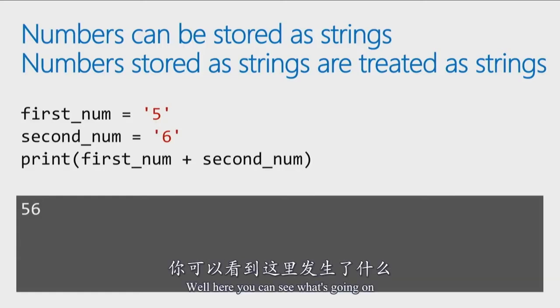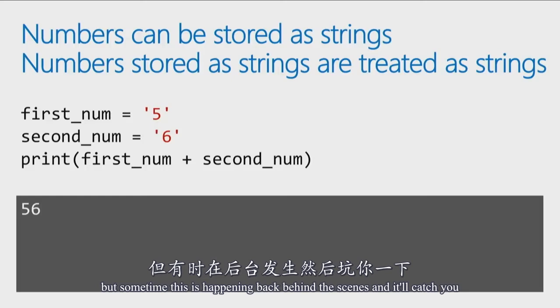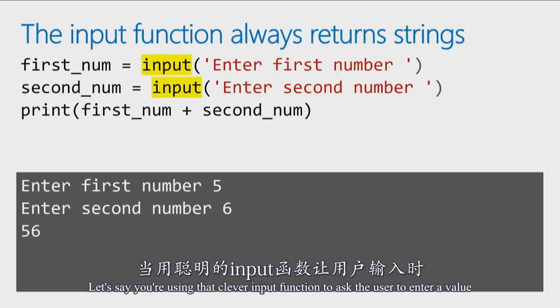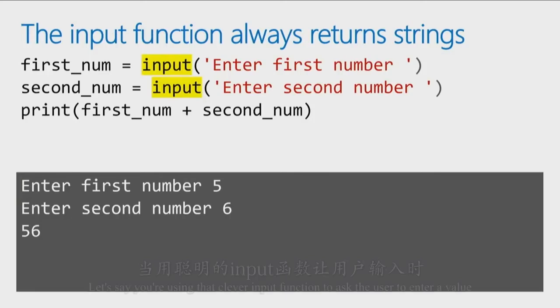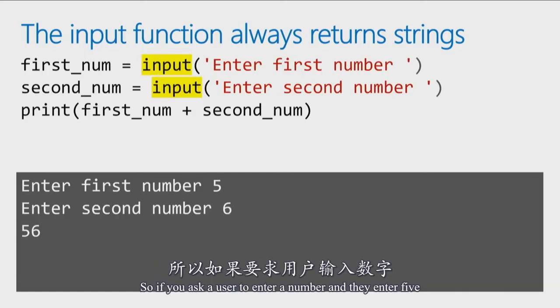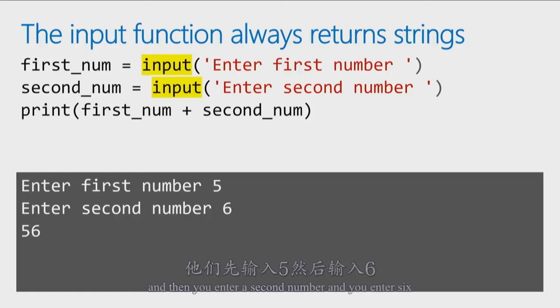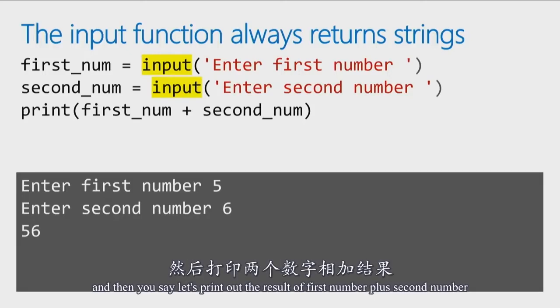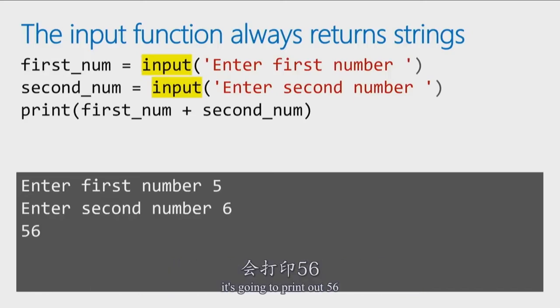Here you can kind of see what's going on, but sometimes this is happening behind the scenes and it'll catch you. Let's say you're using that clever input function to ask a user to enter a value. Turns out the input function will always return a string. So if you ask a user to enter a number and they enter 5, and then a second number and they enter 6, and then you say, let's print out the result of first number plus second number, it's going to print out 56.